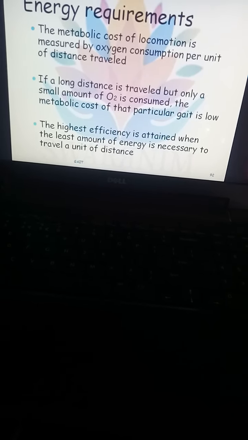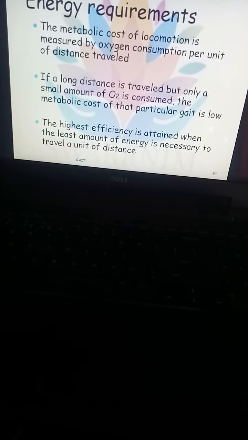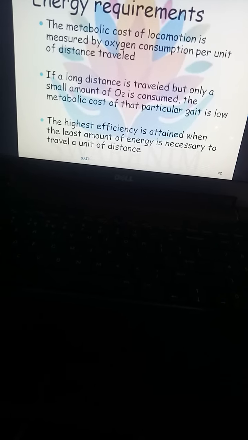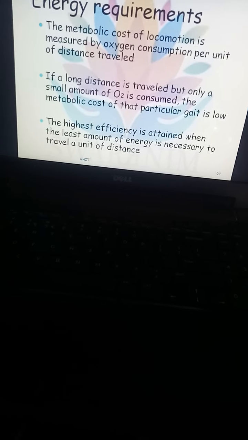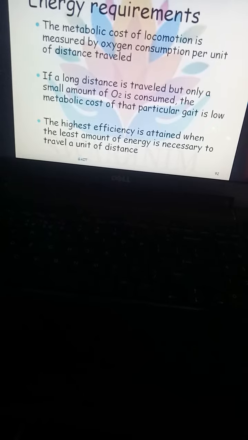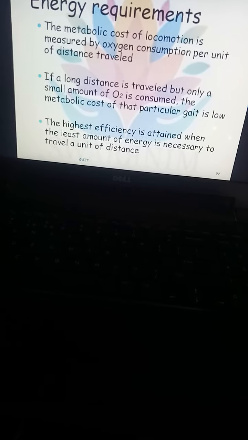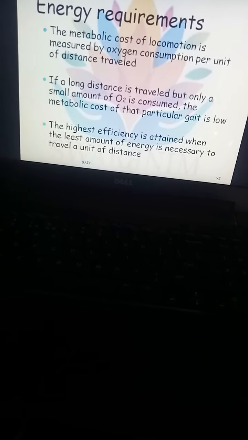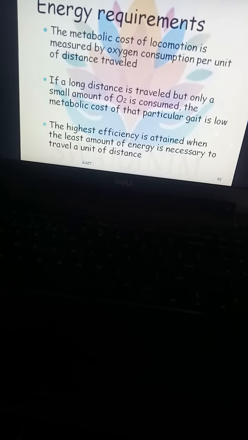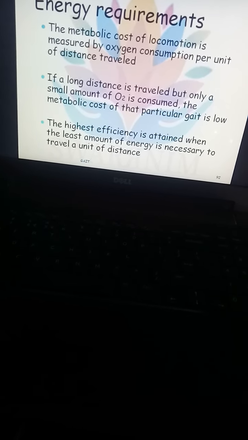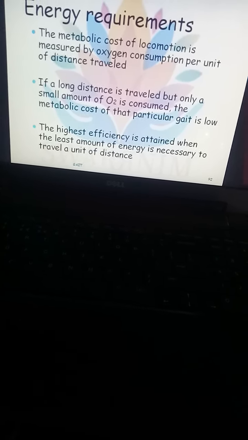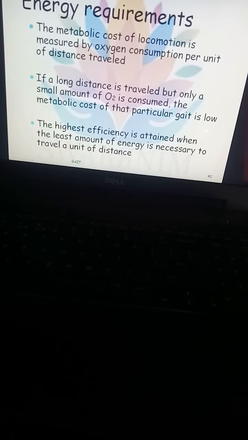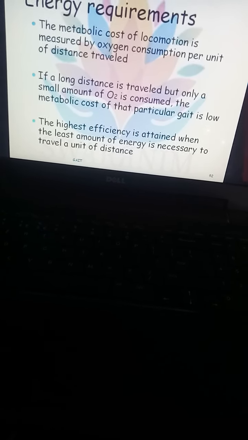The highest efficiency is attained when the least amount of energy is necessary to travel a unit of distance.